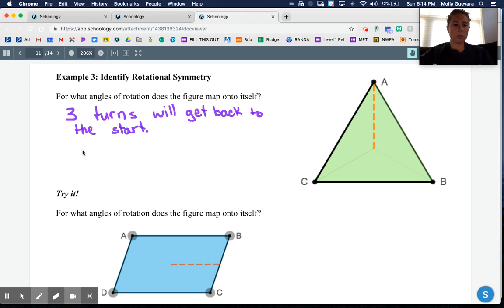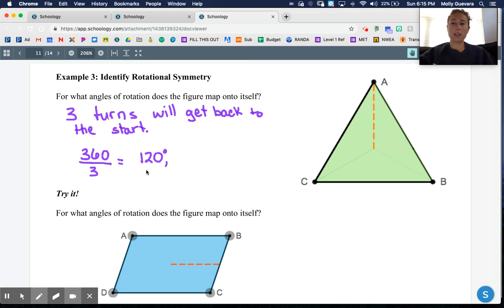So because of that, we can use that formula that we wrote down earlier in our terms. 360 degrees is all the way around. And then in this case, I had turned it 3 times to get it back to the start. So 360 divided by 3 is 120. So if I turn it 120 degrees, it'll line back up on itself.